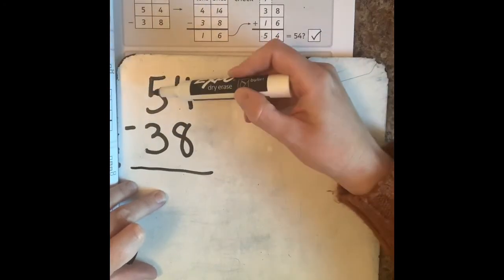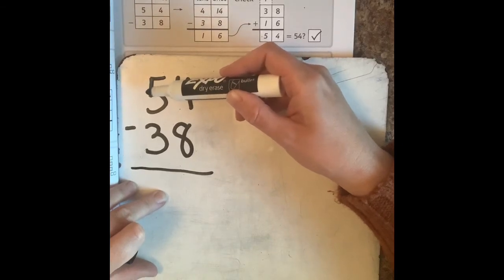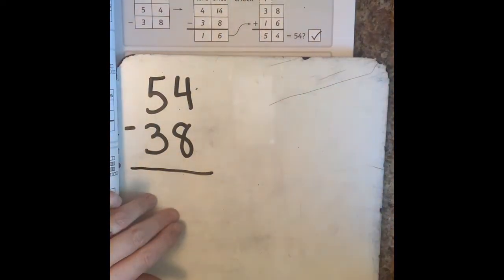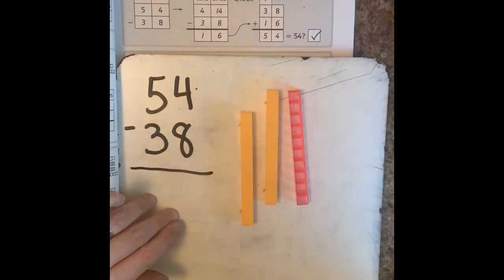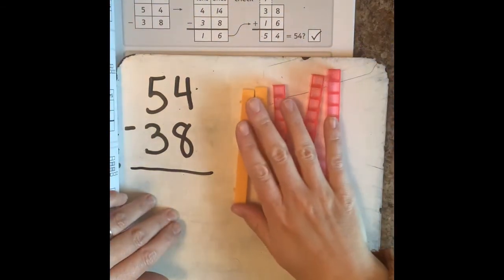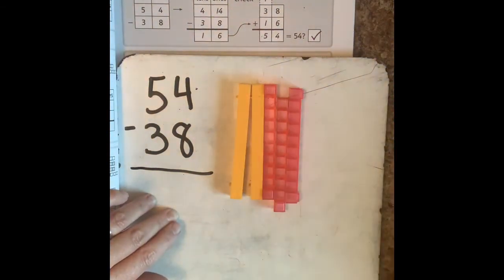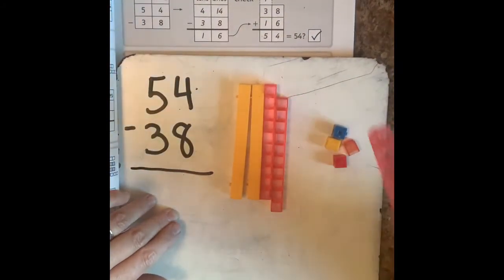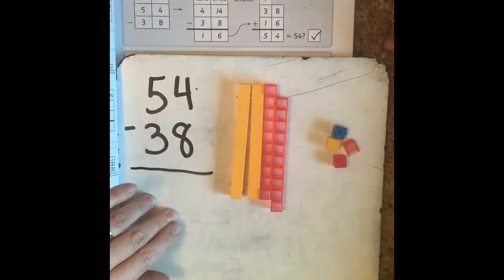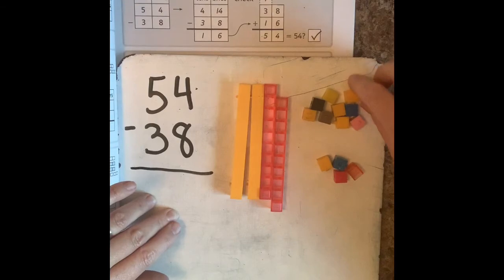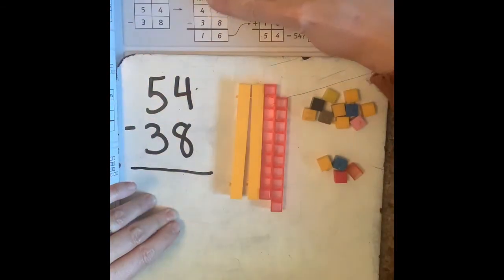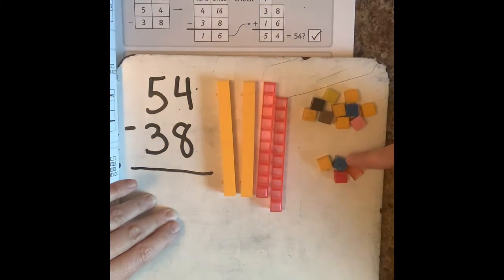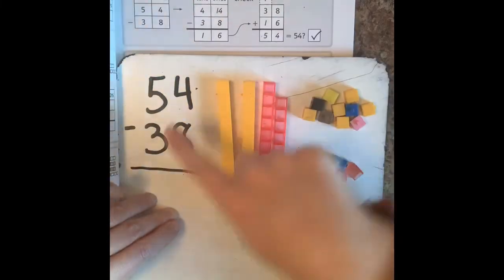So we need to come over here and take one of these 10s away and turn it into ones. So if I have 5 10s and 4 ones, I need to borrow one of these 10s. I'm going to take it away and replace it with 10 ones. So now I have 4 10s, 1, 2, 3, 4 10s, and 14 ones. Now I can do my subtracting.